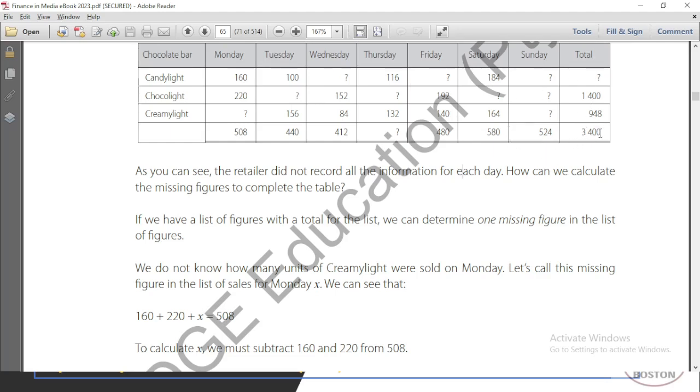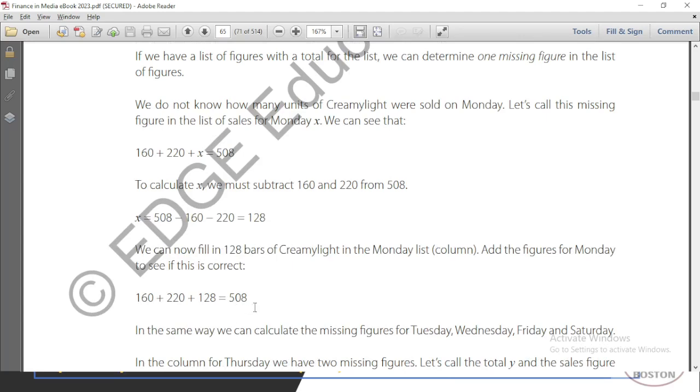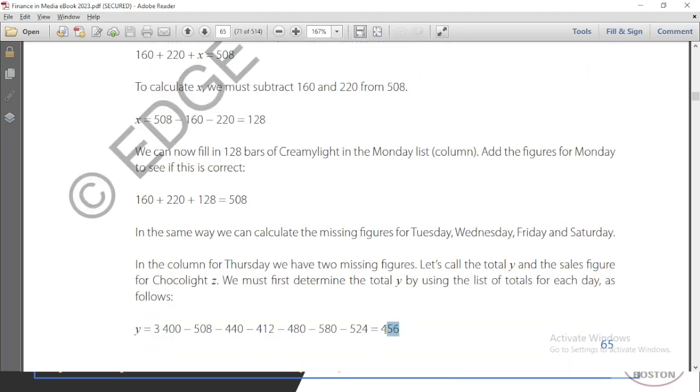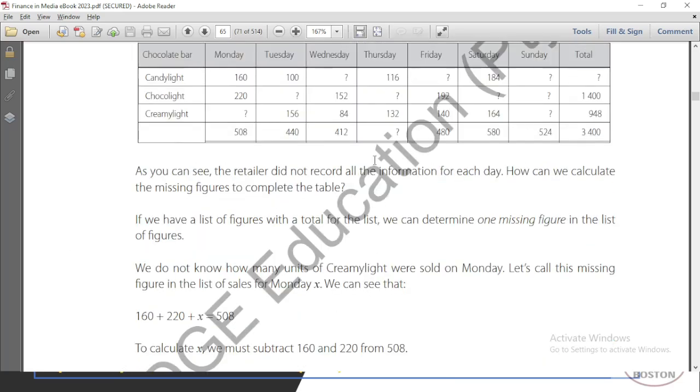So we can use the total for the whole week to find the total for Thursday by saying 508 plus 540 plus 412 plus x, where x represents Thursday, plus Friday 480 plus Saturday 580 plus Sunday 524 equals 3400. Then we solve for x by saying x equals 3400 minus all of these other totals, and it gives us the total for Thursday, which is 456.